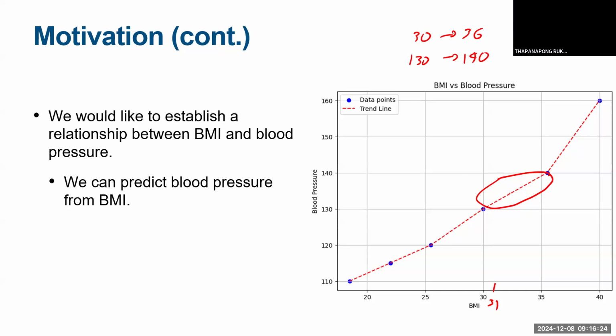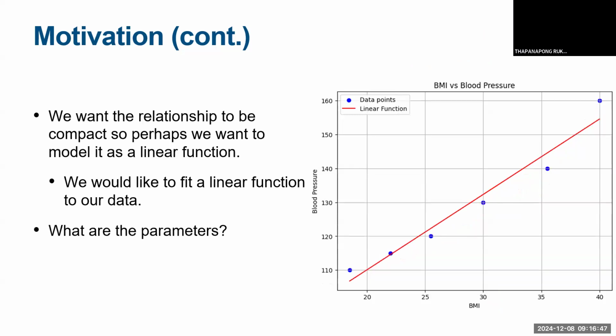But we want something more. We want something more generalized, more helpful. We need a model to actually describe the data as best as we can. So it's not just interpolation. We want a function that can map the input to the target.